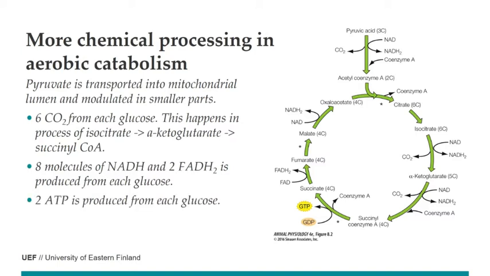In this citric acid cycle, ATP is produced a single time per round, and because it goes two rounds per glucose, we get 2 ATP. In this figure it is actually GTP, but this GTP gives the phosphate to ADP to produce ATP.